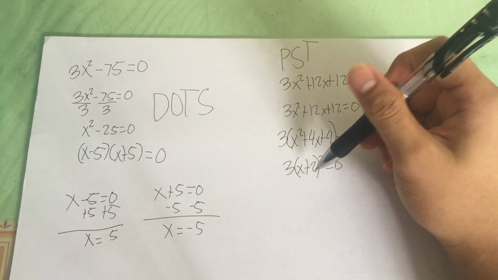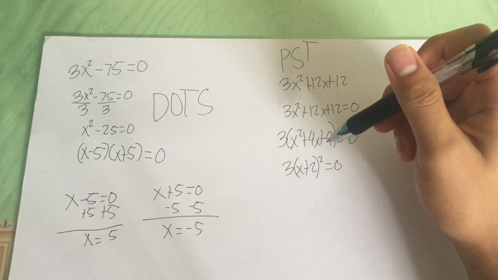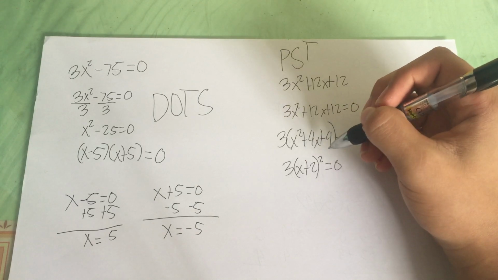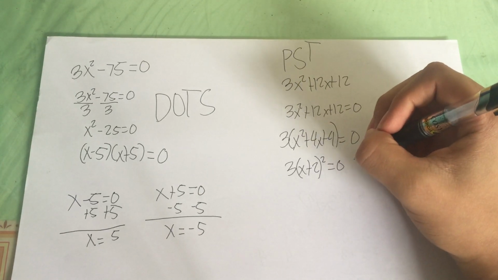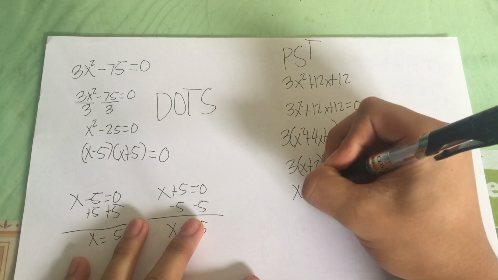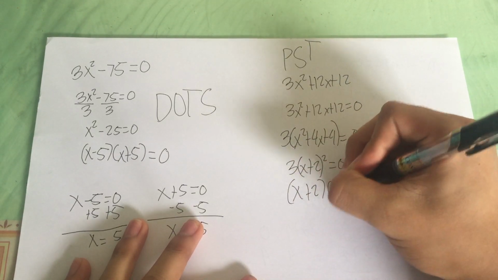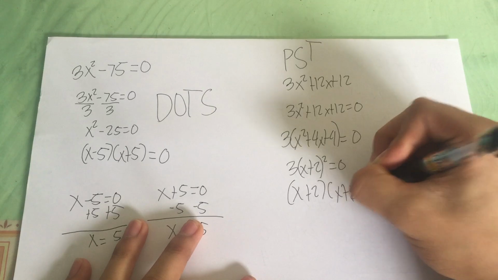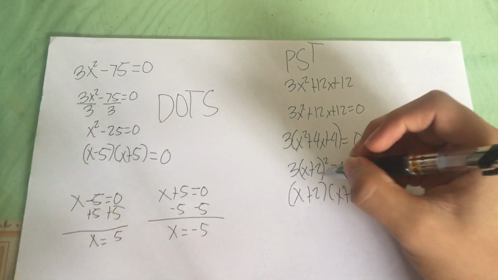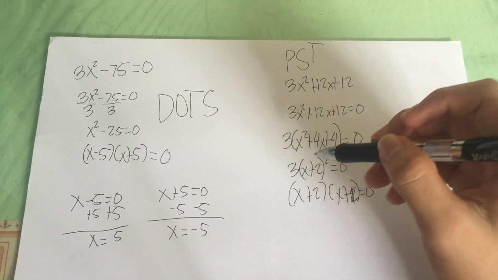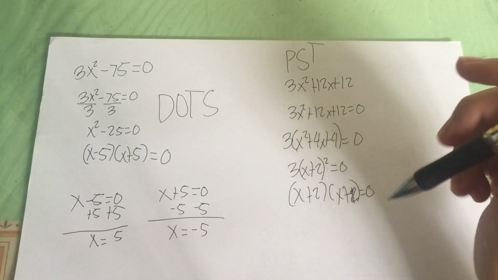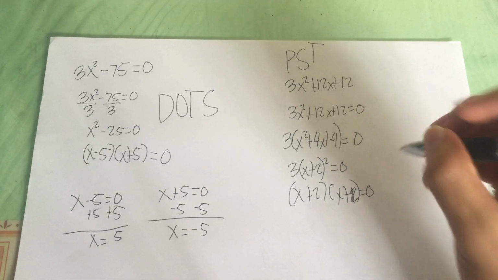This is the answer because you will have the same answer in both. Now let's show the answers. x plus 2, x plus 2. This is what I meant a while ago. If the number sign is positive, then both of your answers are positive.